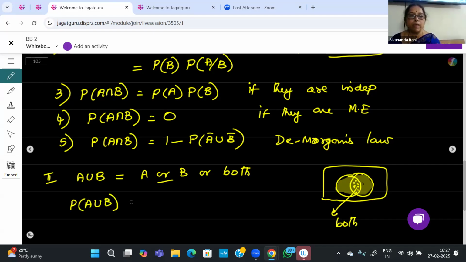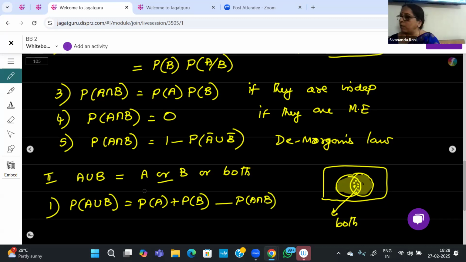What is P of A union B to begin with? While finding P of A union B, what are the ways in which you will approach this? What is the first choice for you? The popular choice is P of A plus P of B minus P of A intersection B. I wanted to tell you one more.